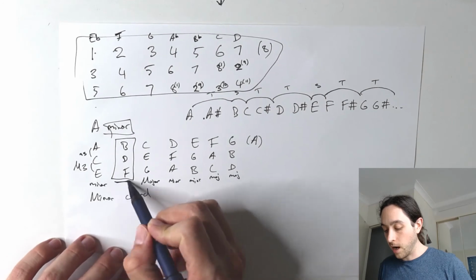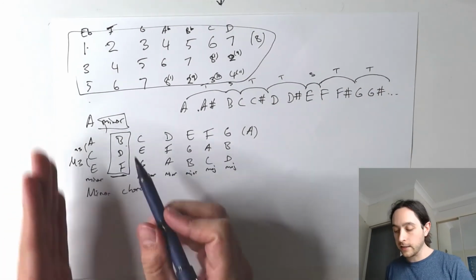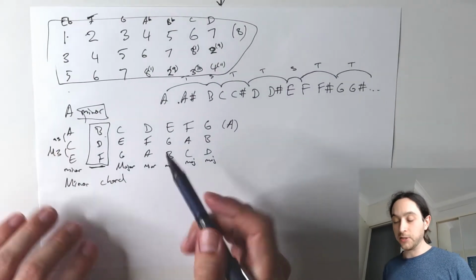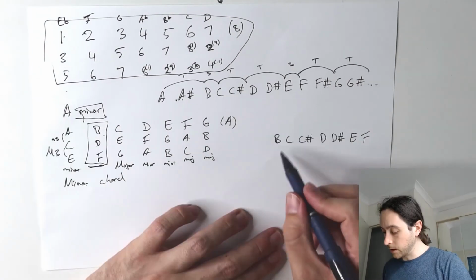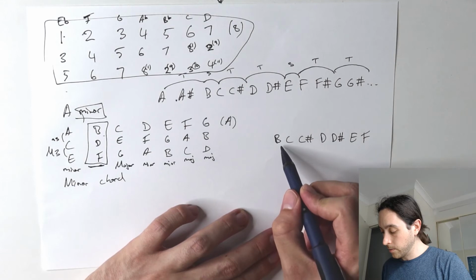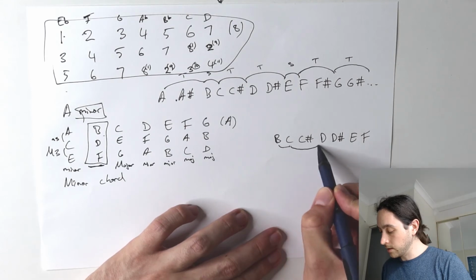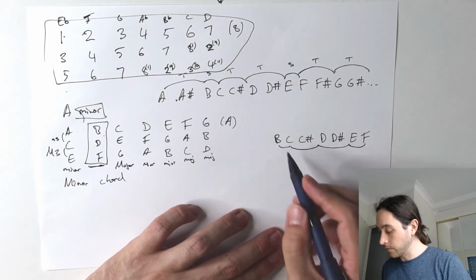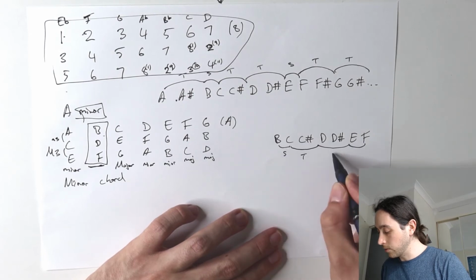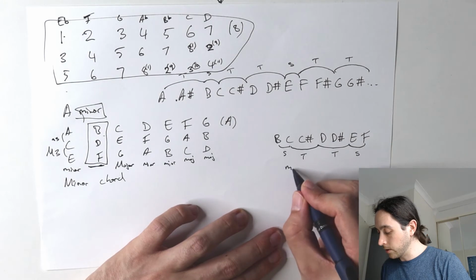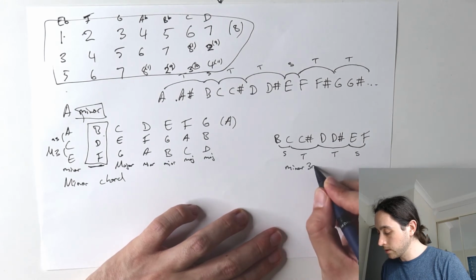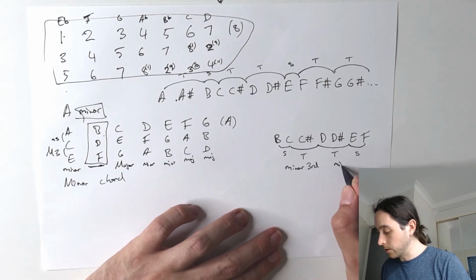Before we move on, I'm going to outline why this one is unique. I actually also ignored it in the C major scale because it is unique, and I'm only going to touch on it here. If we're building the chord B to C, C to D, D to E, and E to F, we've got a semitone, a tone, a tone, and a semitone, right? So altogether, we've got a minor third, followed by another minor third.